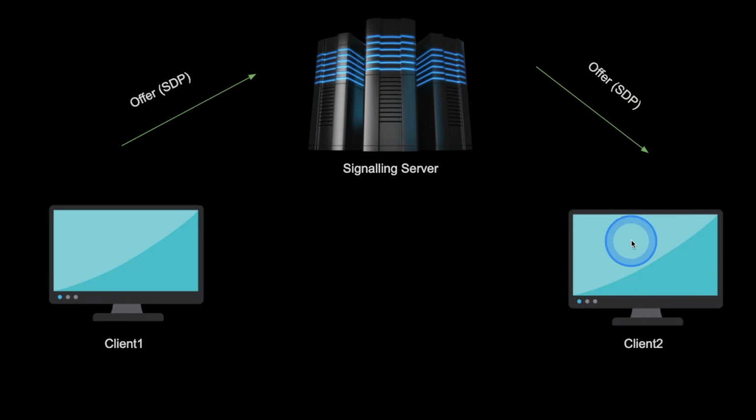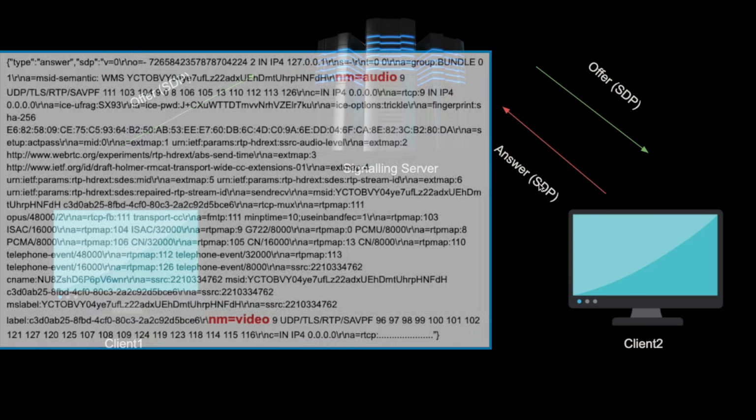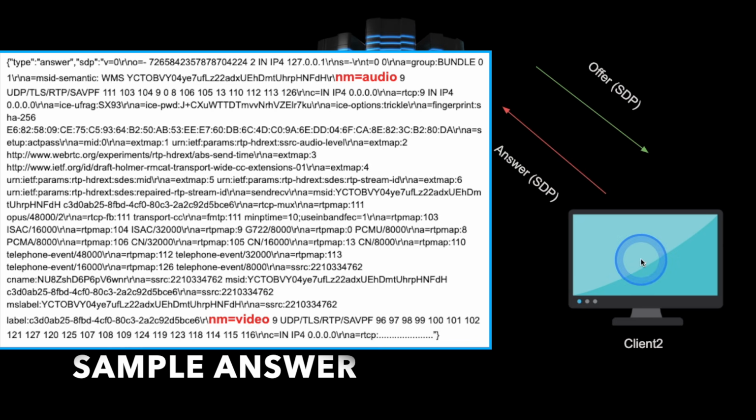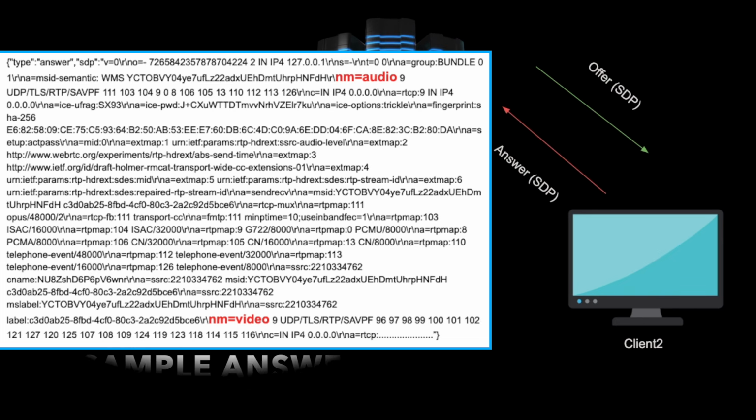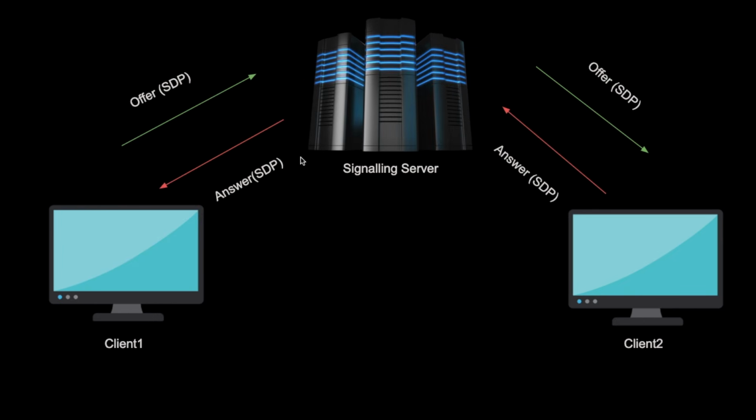Once this client has stored the offer of the other client, it will have to create its answer in response to that offer, which is the media configuration of this client. And then it will send this SDP to the signaling server, and the signaling server will send that answer which contains the SDP to the other client.